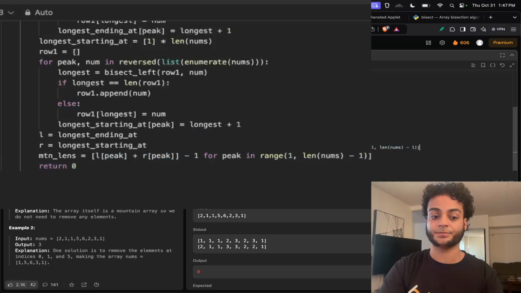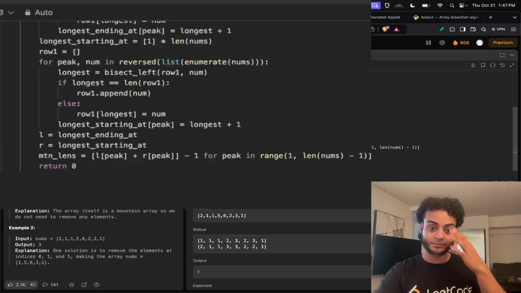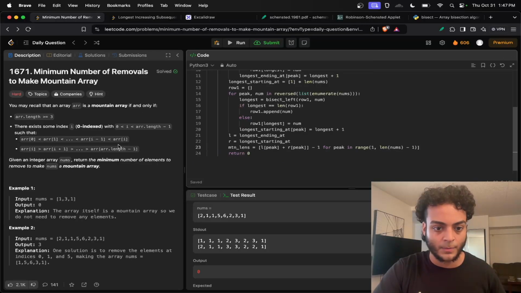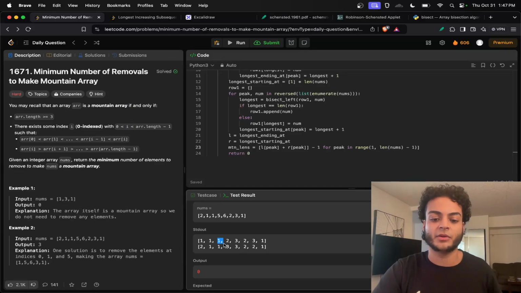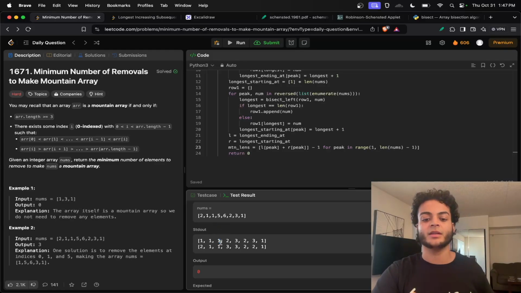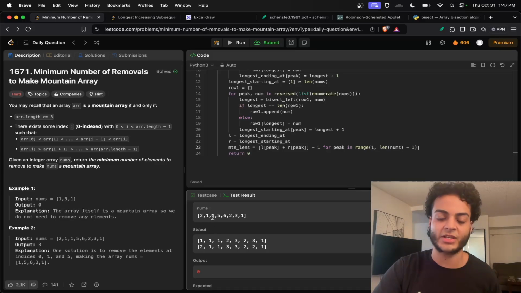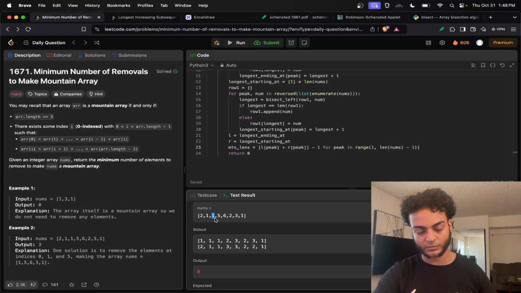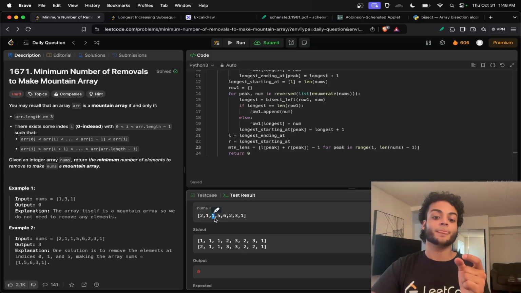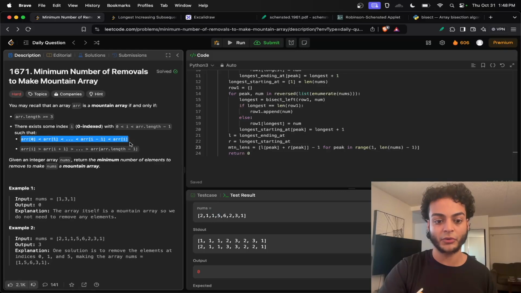But before that, there's one more thing we need to notice, which is that because this index is strictly greater than 0, if one of our subsequences was composed of only one number, it actually can't work, right? For example, we can't have a mountain array which starts here. Why not? Because there has to be an increasing and a decreasing subsequence. It can't just be that both sides are the increasing and decreasing subsequences. Notice that it requires both.